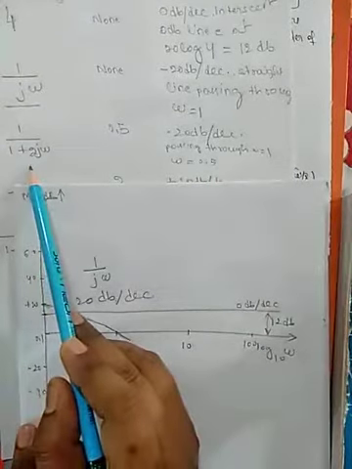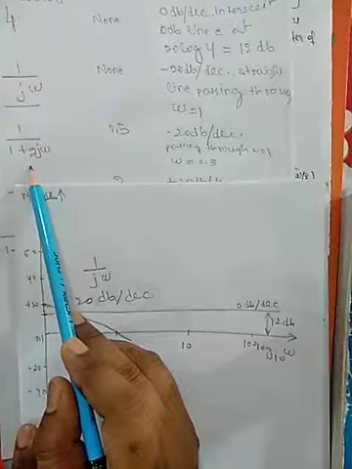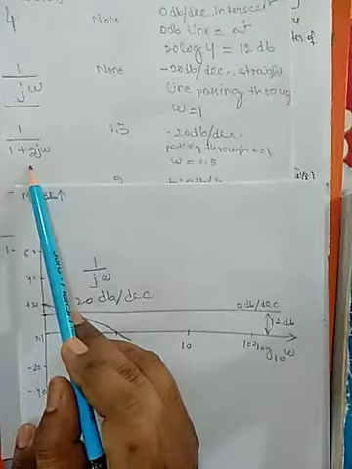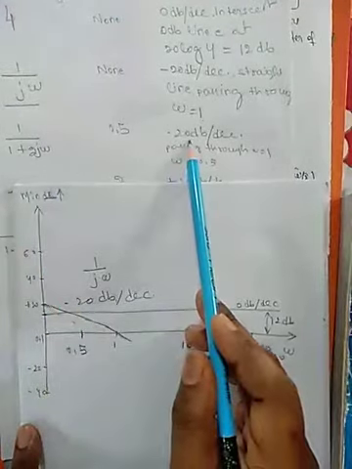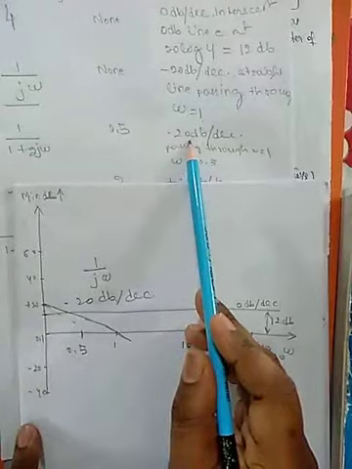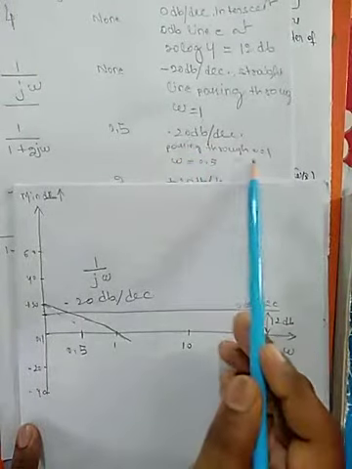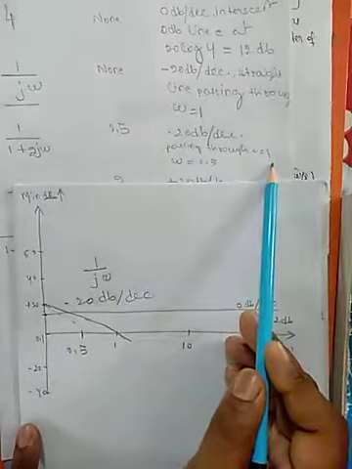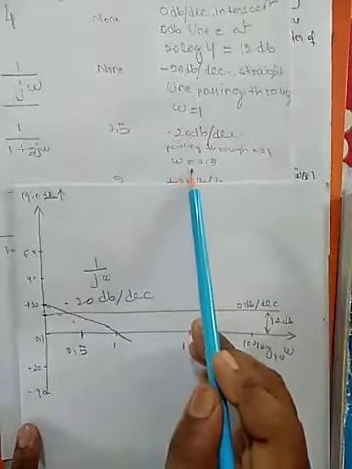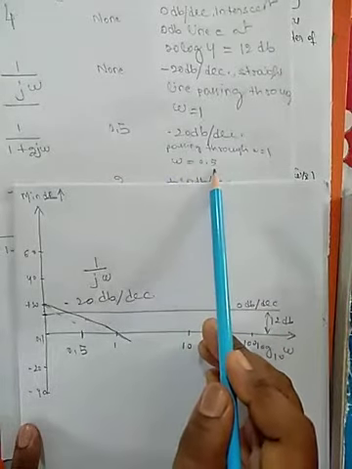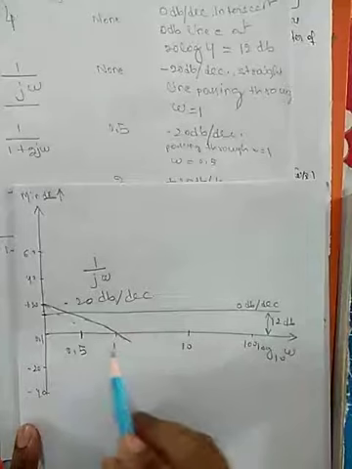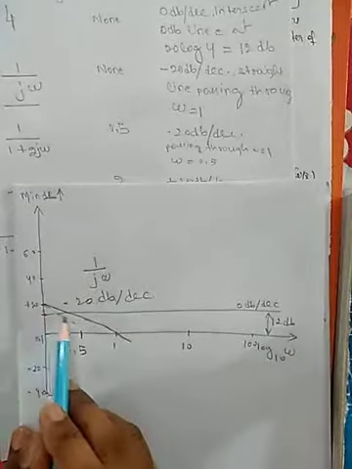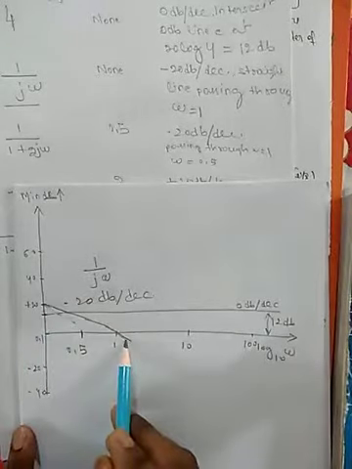For this factor, the magnitude versus frequency curve is a straight line having the slope of minus 20 dB per decade, passing through omega equal to 1, and starting from omega equal to 0.5 corner frequency. So this line is the minus 20 dB per decade.